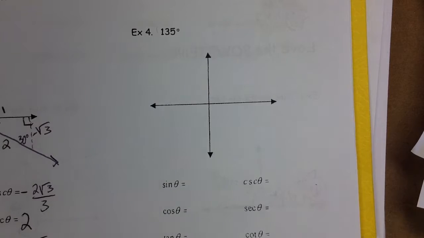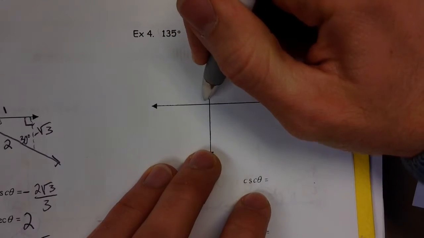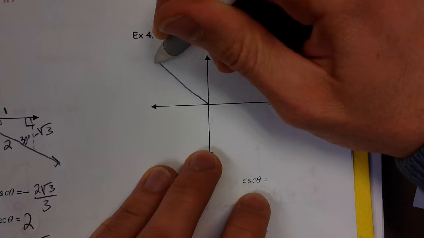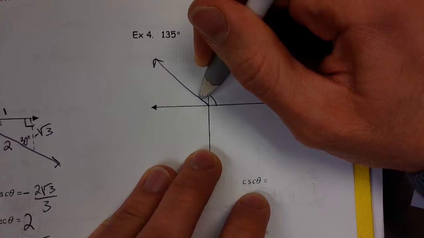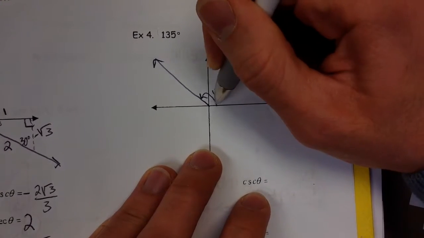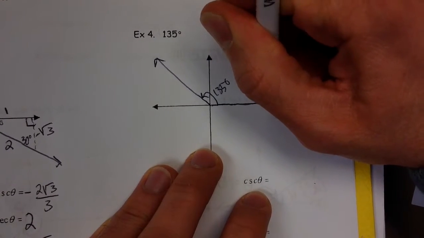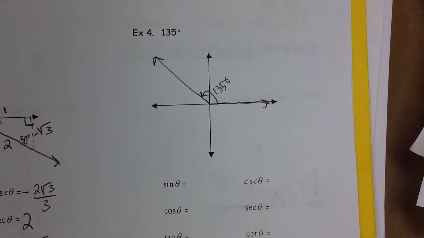Example 4. Celine, 135 degrees. What quadrant will the terminal side be? Very good, second quadrant. And second question for you, Celine, what will the reference angle be? Very good.